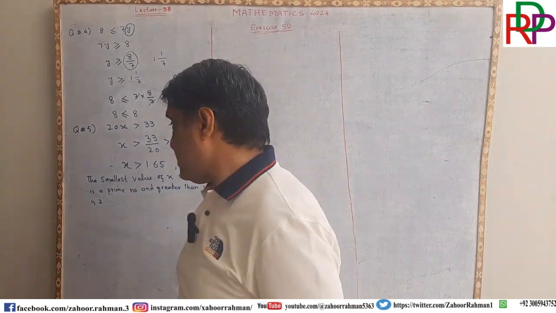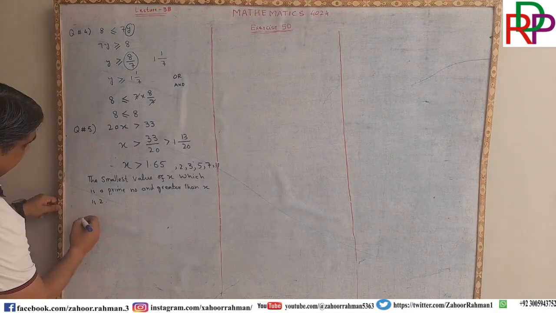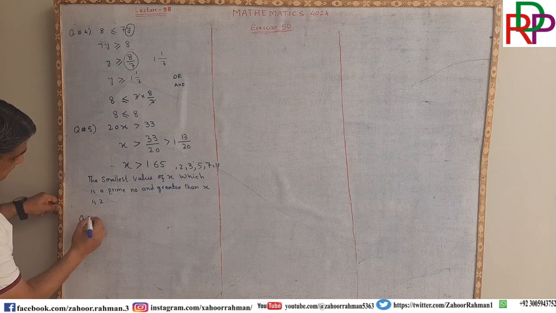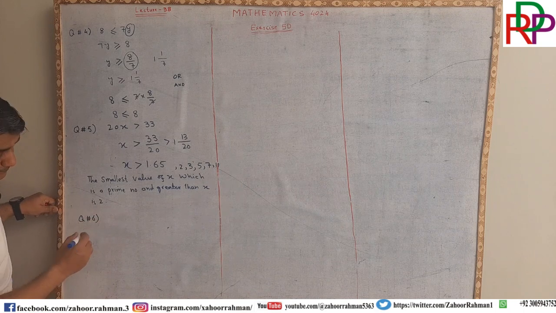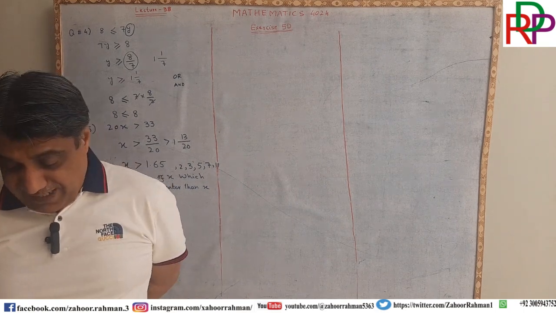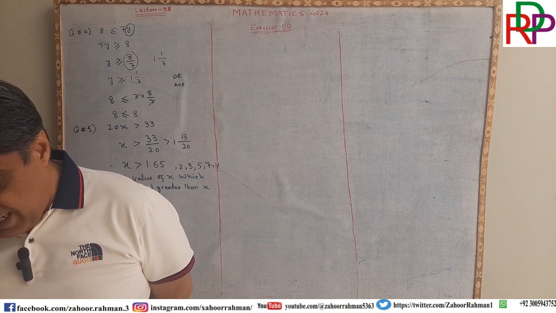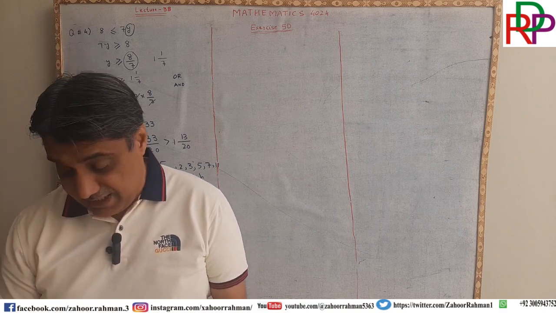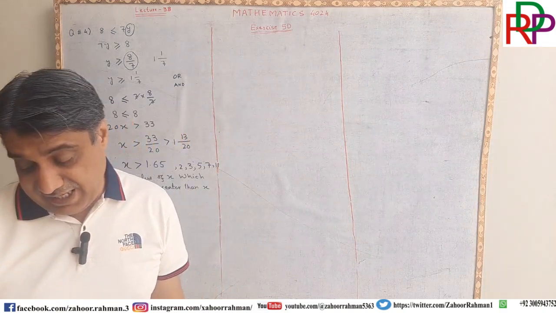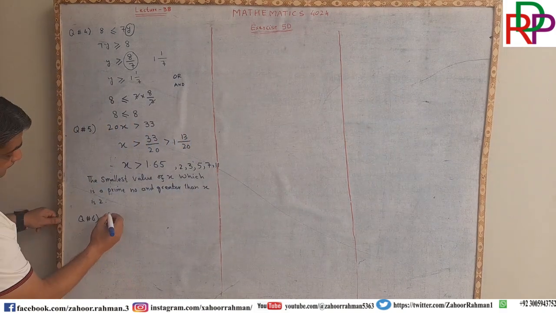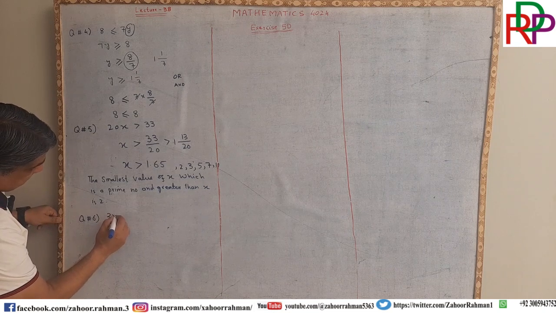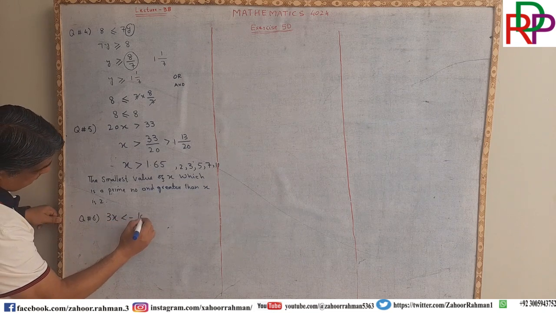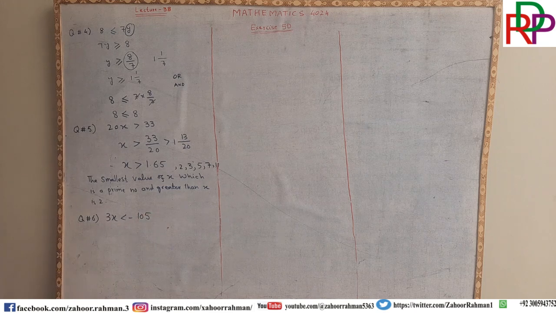Okay. Next, question number 6 is saying: find the greatest odd negative value of x which satisfied the inequality 3x is less than minus 105.